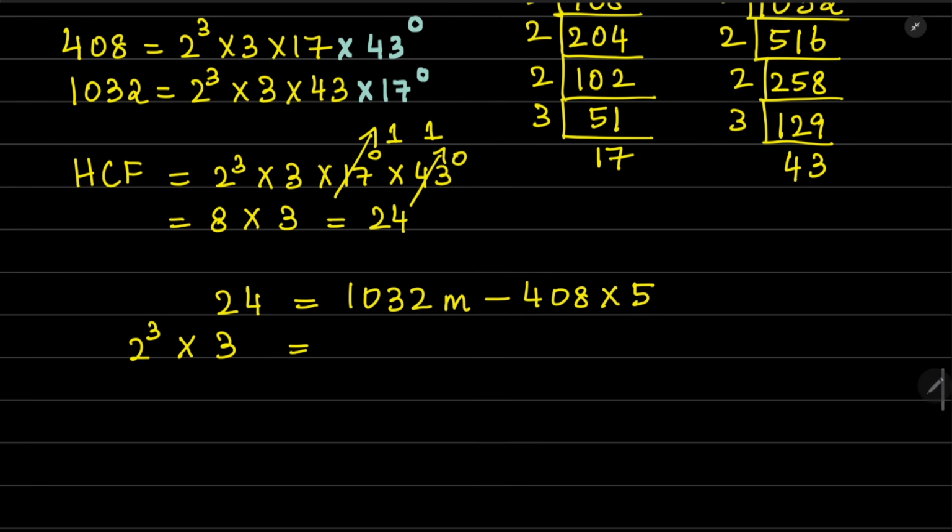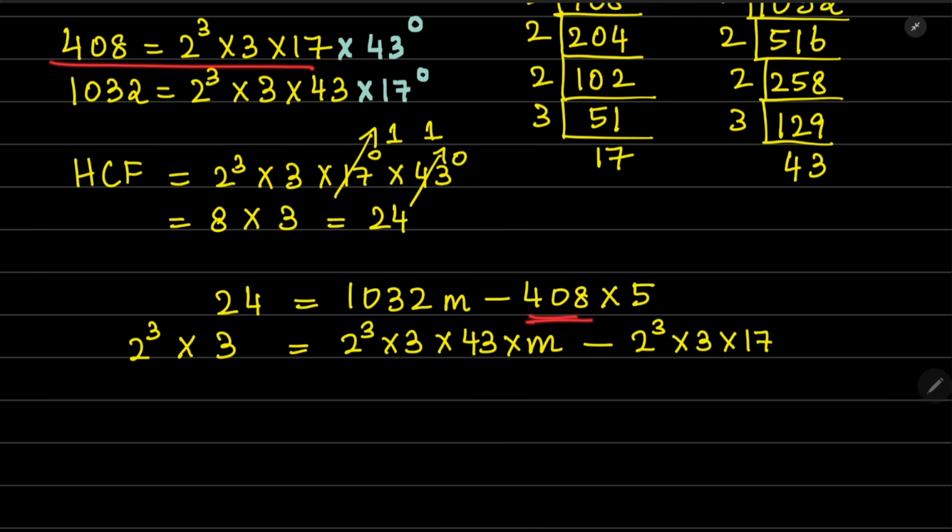We have already done the prime factorization, so I'm going to rewrite the same: 2 cube multiplied by 3 multiplied by 43, multiplied by m, minus, for 408 also I have the prime factorization, which is 2 cube multiplied by 3 multiplied by 17, and along with it I have to add a 5, so multiplied by 5.